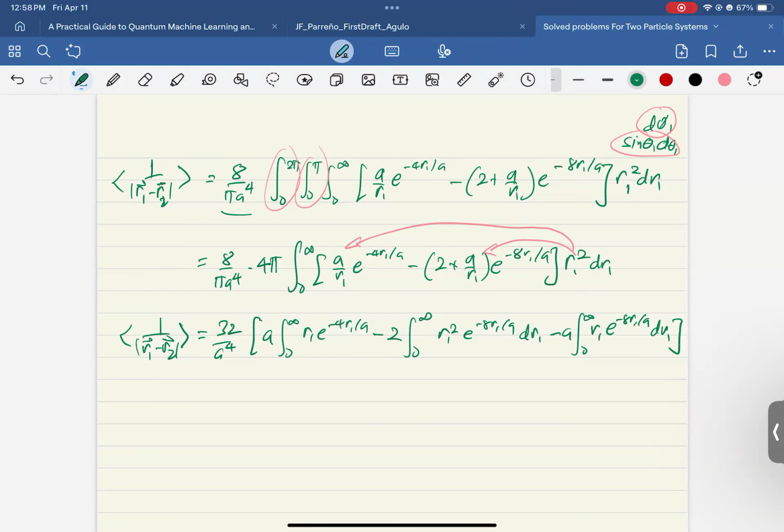And then close square brackets. So tatlong integrals to.